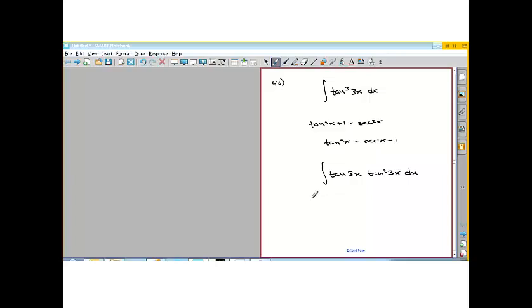And then I use the Pythagorean identity on that. So the integral of the tangent of 3x times secant squared of 3x minus 1. Normally you're used to the Pythagorean identity just being x, but if it's a constant times x, then it still applies. You just have to have 3x in each one of the terms.